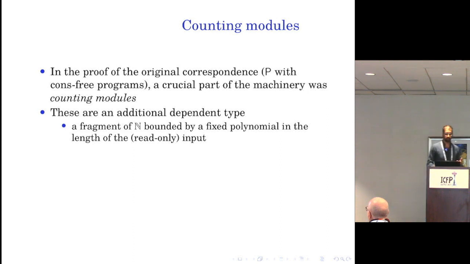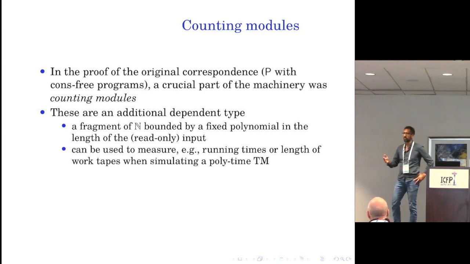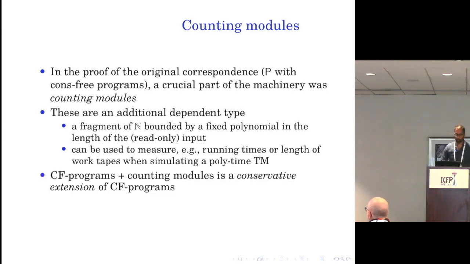So it depends on the length of the input. And this is very useful when you're trying to simulate p-time Turing machines because the counting modules can be used to measure the time, like running time or the length of a work tape or whatever.